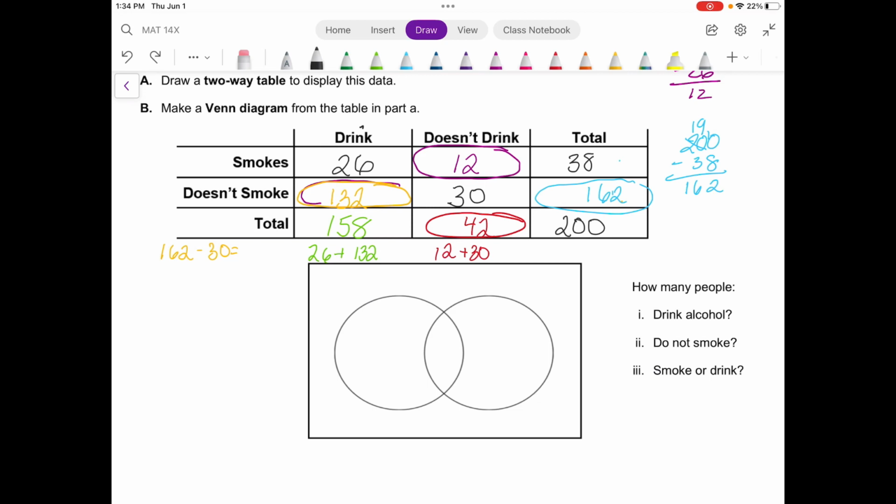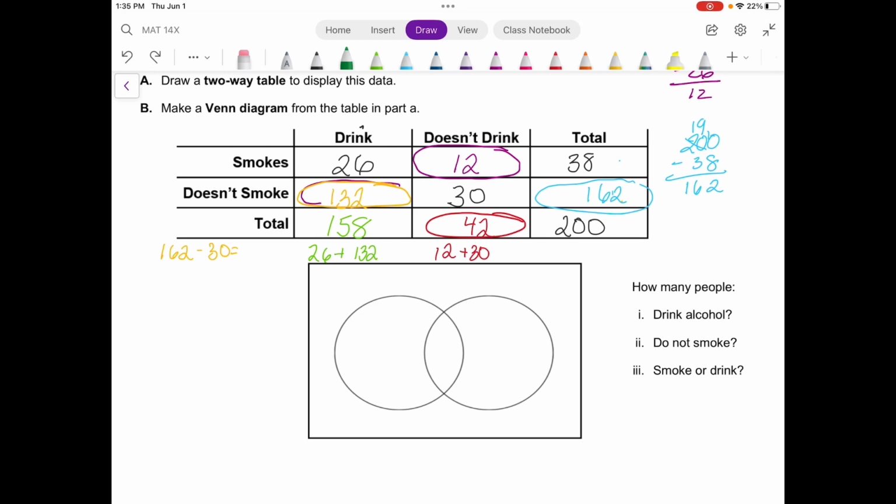All right. Now that we've finished the two-way table, the contingency table, we're going to take that information and interpret it into a Venn diagram. When it comes to building the Venn diagram from a two-way table or contingency table, there are a few different ways you can go about doing it, and it's up to you or the question how you build it. So step one is you have to pick what two variables you're going to focus on.